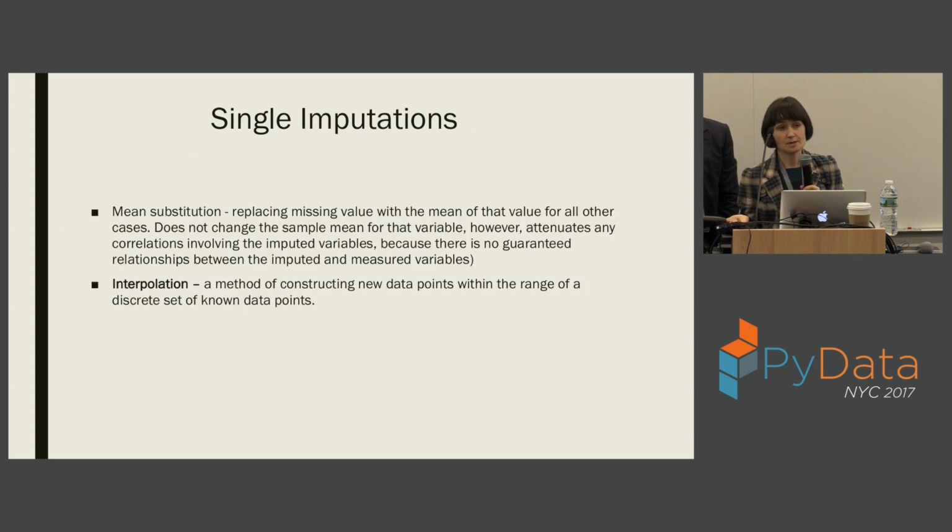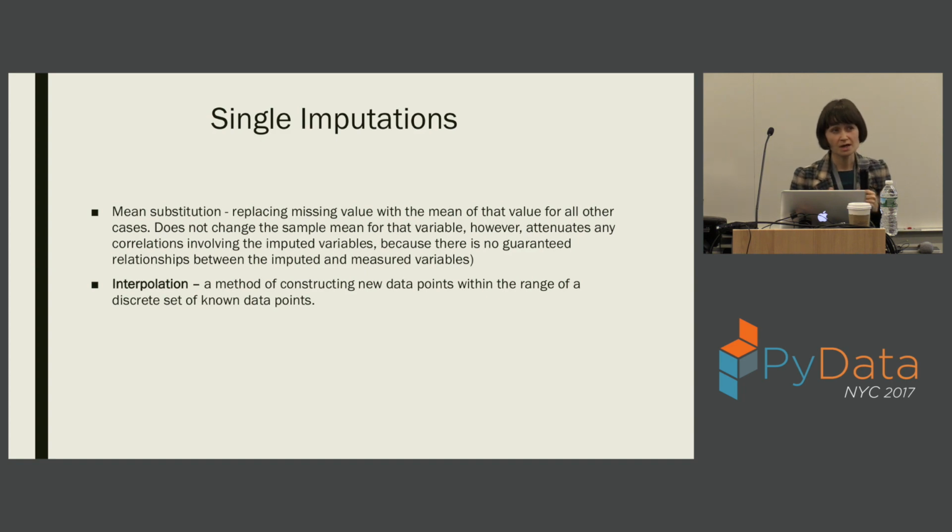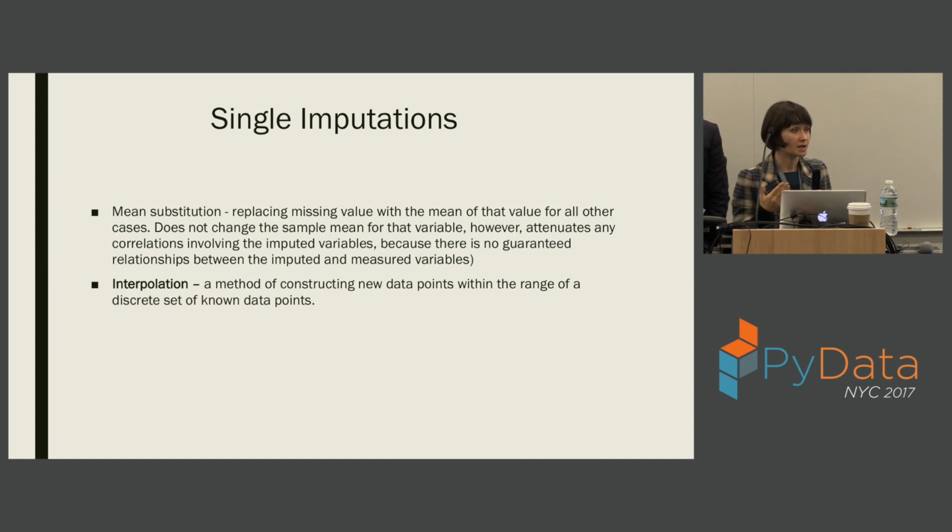So the most typical single imputation is mean substitution. You just put the mean value instead of a missing record. This is a valid method if you only have very few of them and you don't think it's going to affect your results significantly. But sometimes the mean can do a bad job for you.